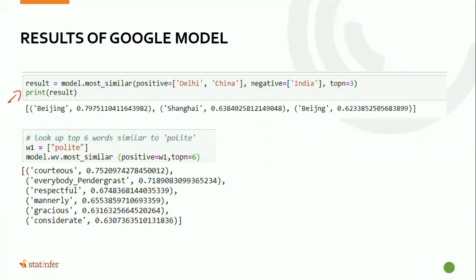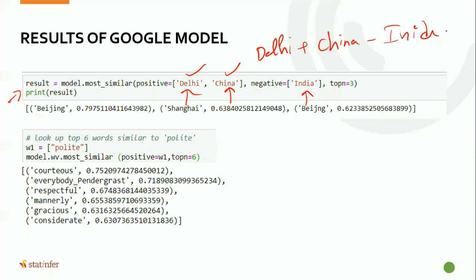Then here are the results. If you say positives are Delhi and China, negative is India, basically you said Delhi plus China minus India. If you remove the Indian factor from there, what will be the result? The results are Beijing, Shanghai, like different formulas. If you just simply say polite, what are the most similar words?